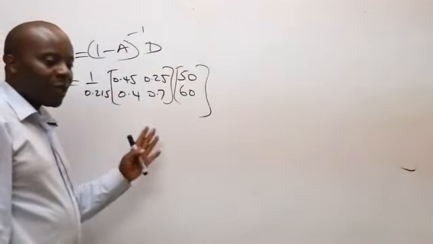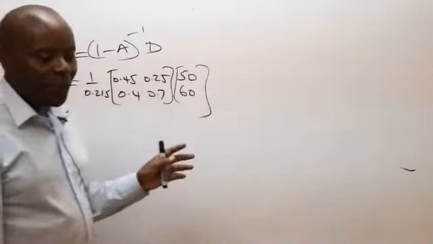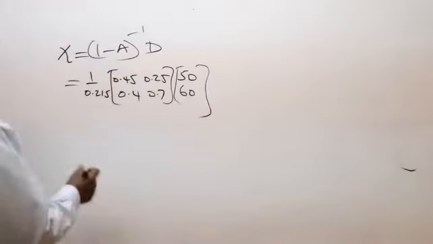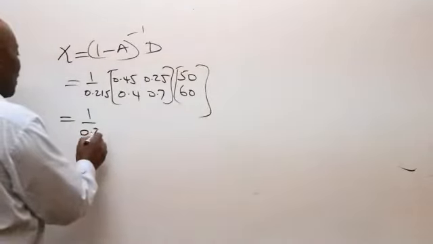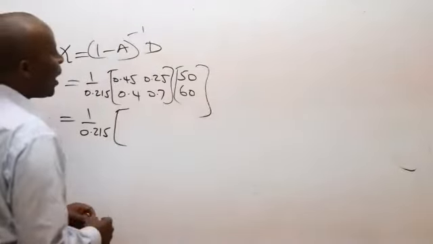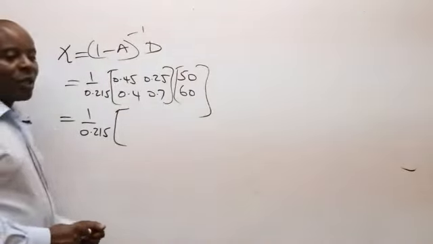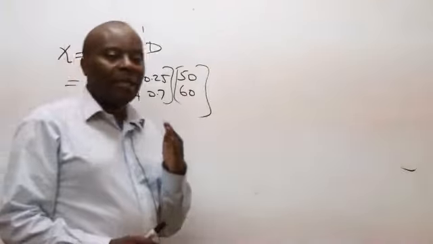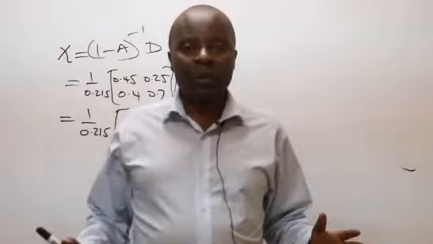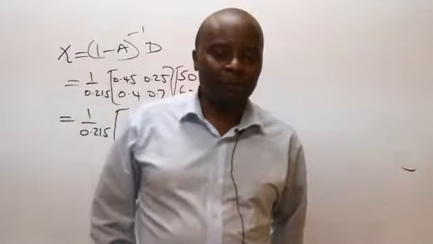We give matrix multiplication priority. The scalar will be left outside. So we have 1 over 0.215 into the multiplied matrices. Is there anybody who can remind us the major concept of matrix multiplication? When somebody says multiply two matrices, what comes to your mind?